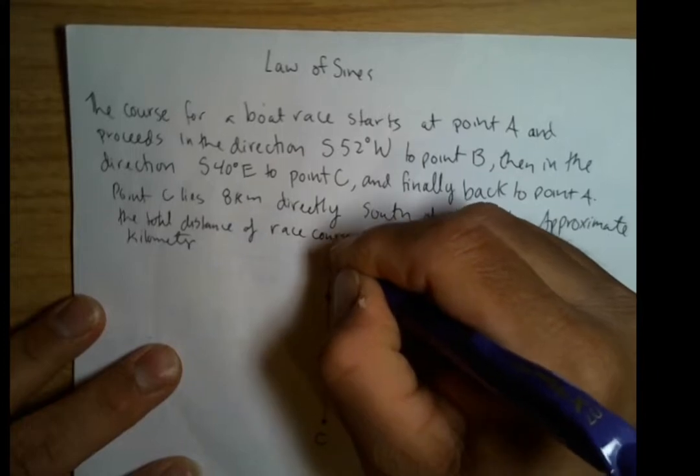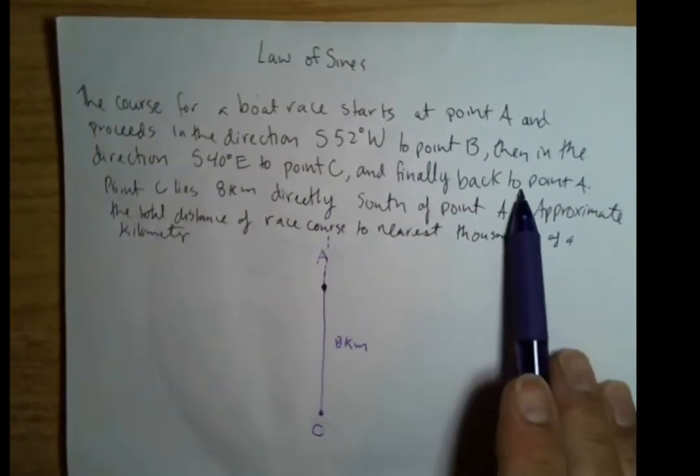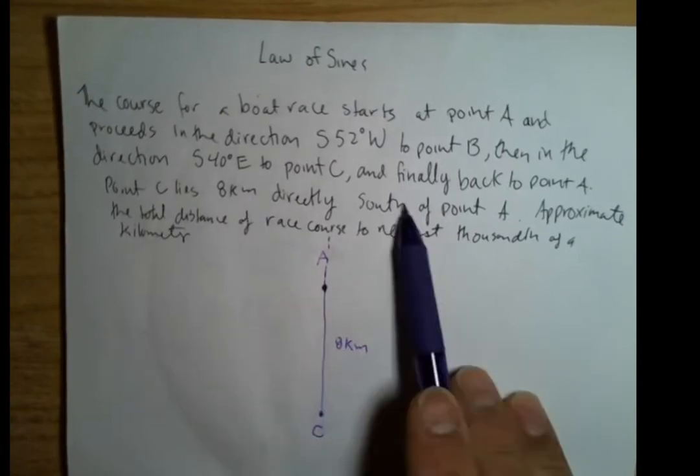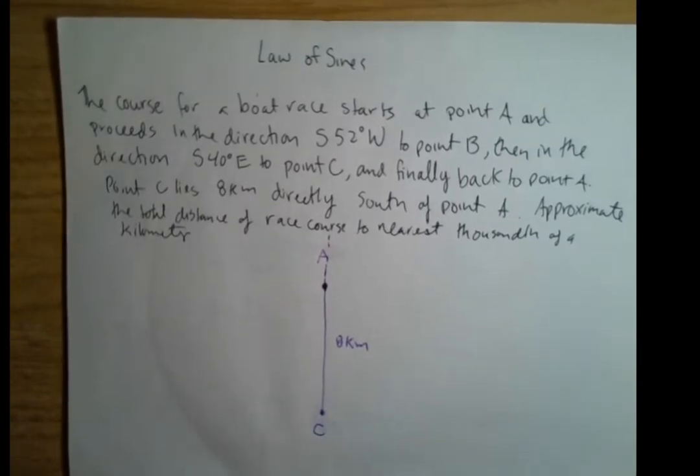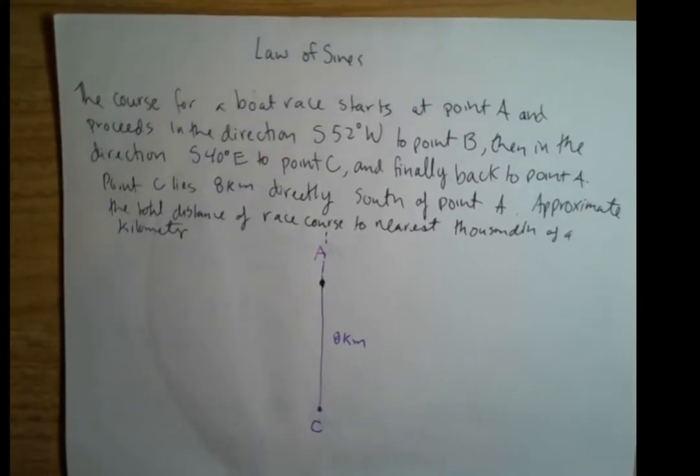So that part is given. Point C lies 8 kilometers directly south of point A. Now, the race goes from A, B, C. So let's see how we get to point B.